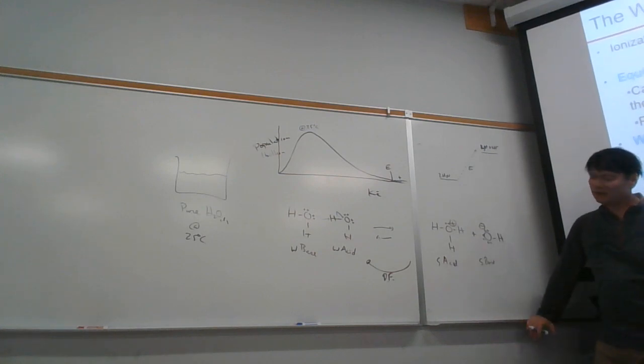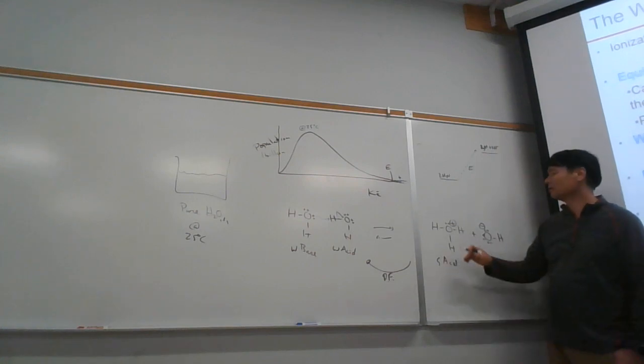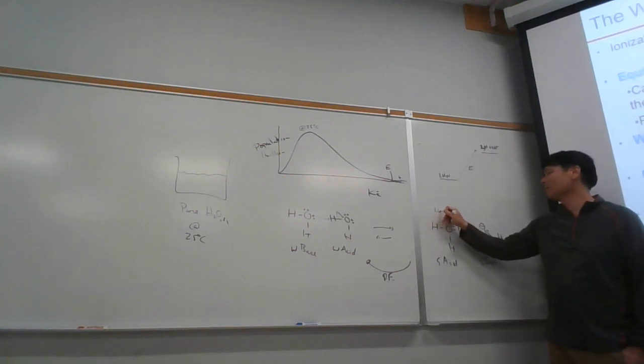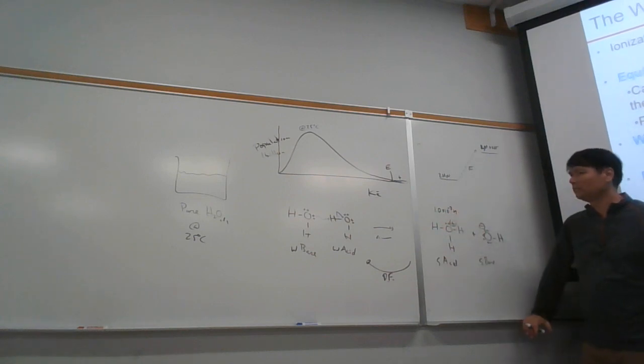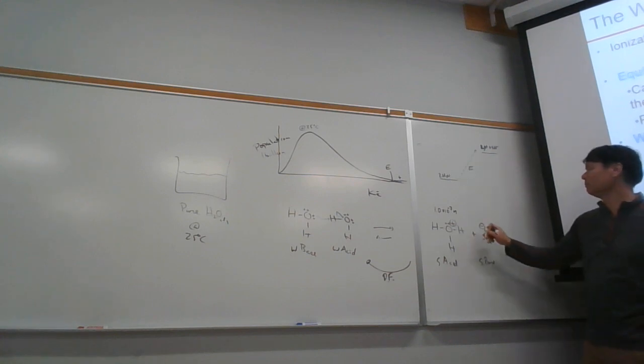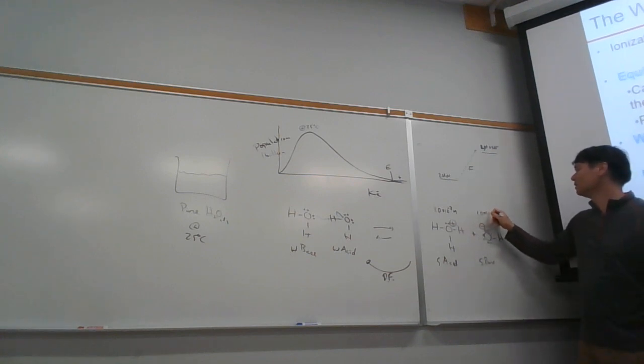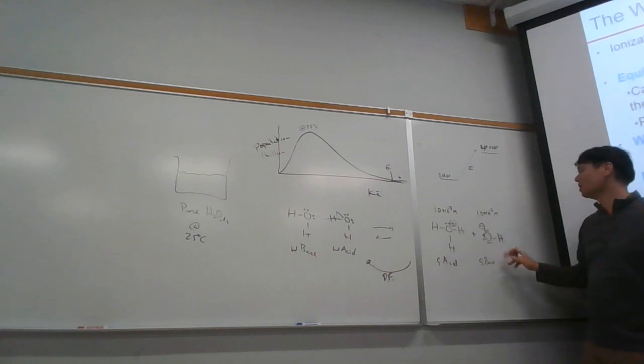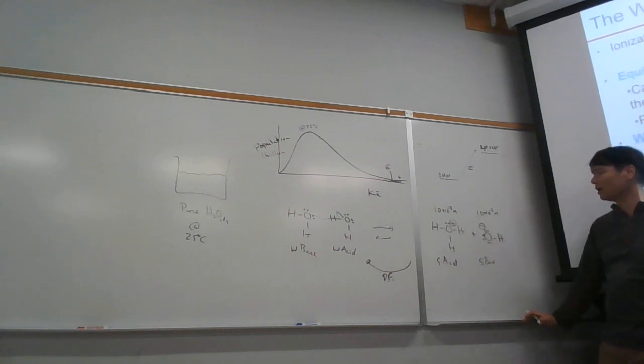But even though it's so small and negligible, it's actually something we can measure. And so in pure water at 25 degrees C, we end up with 1.0 times 10 to the minus 7 molar, which would be 0.1 micromolar hydronium, and 1.0 times 10 to the minus 7 molar hydroxide, which is also 0.1 micromolar.